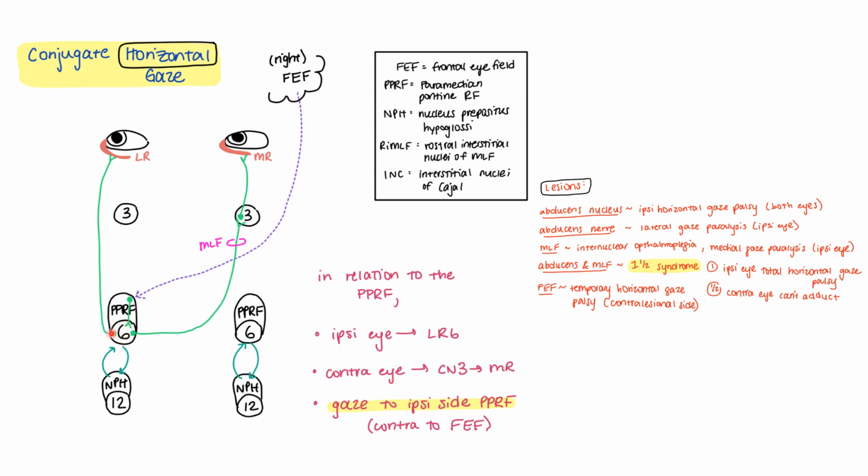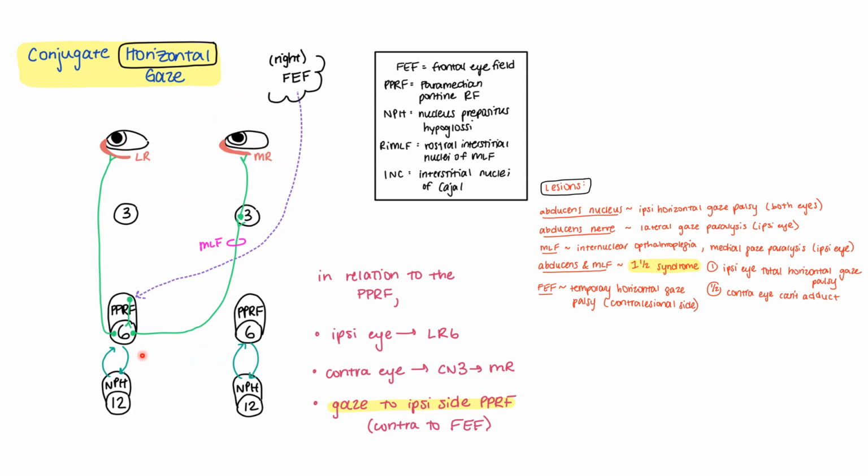And that nucleus is going to stimulate the ipsilateral lateral rectus to look the left eyeball to the left. And then it's going to have another set of neurons that cross, go to the contralateral MLF to reach the oculomotor nucleus, which then can do our medial rectus to have the right eyeball look to the left. Then you have your conjugate gaze.